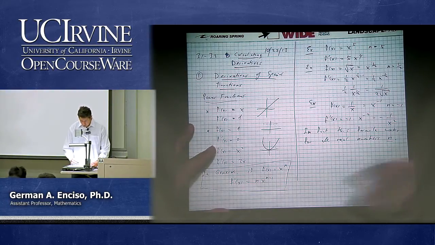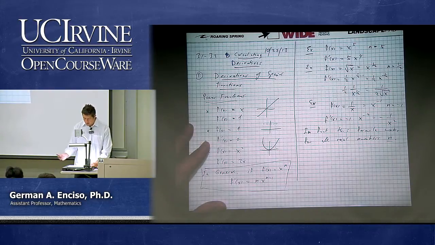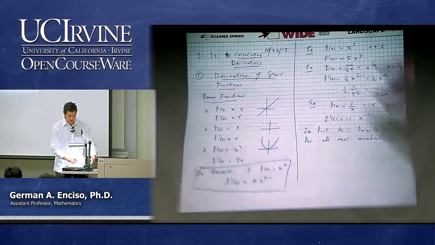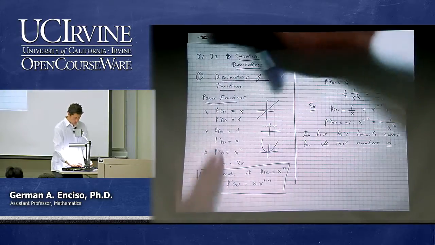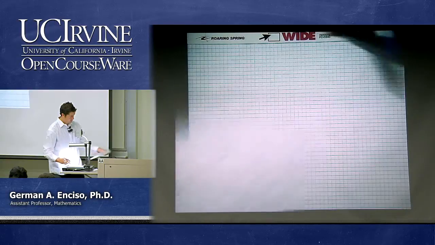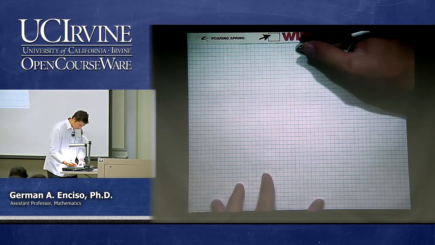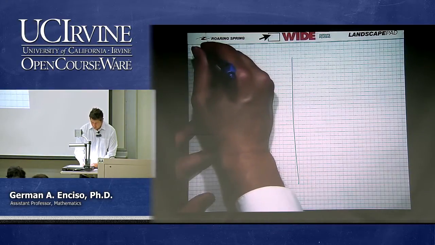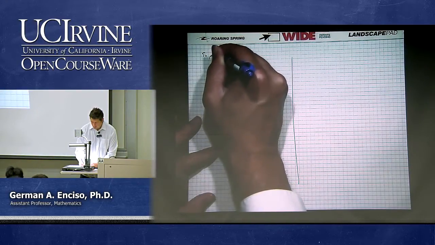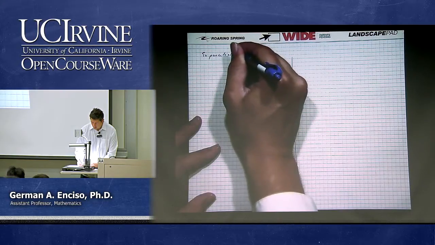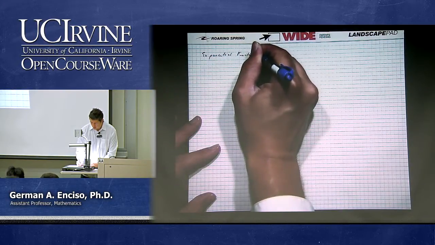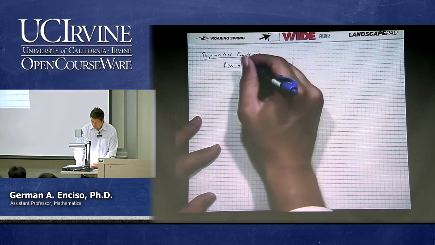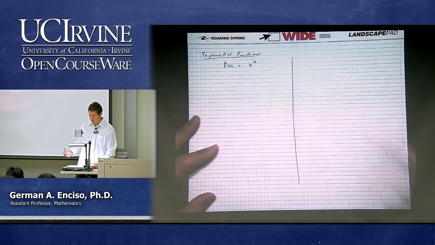Okay, fantastic. So that's the rule for power functions. What about exponential functions? Let me write this on a different page. So exponential functions are of the form f of x equals a to the x.